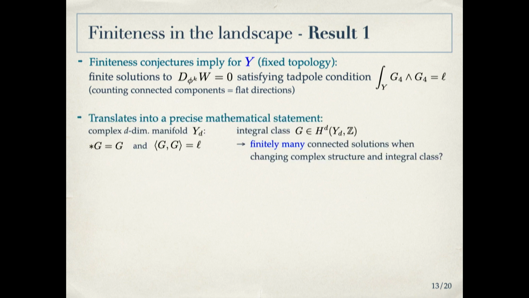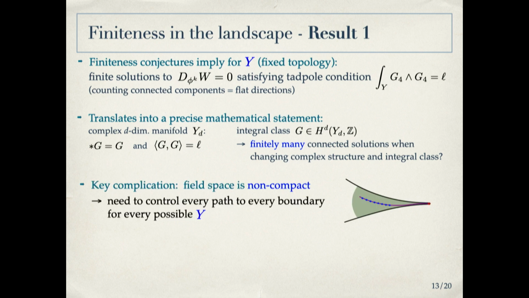But what we managed to do is we translated this problem into a clean mathematical statement, which then implies that if I impose the tadpole bound, then there should be only finitely many connected components in the complex structure moduli space, even if I choose arbitrary fluxes. That's surprising because this condition still leads you to an infinite set of fluxes.